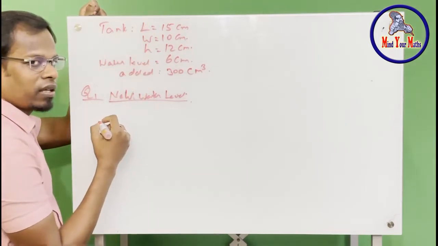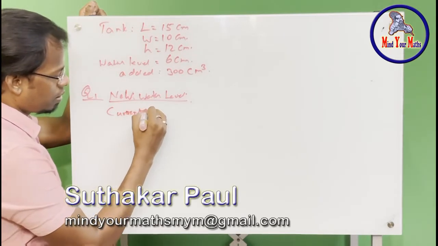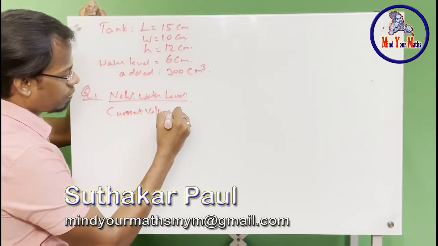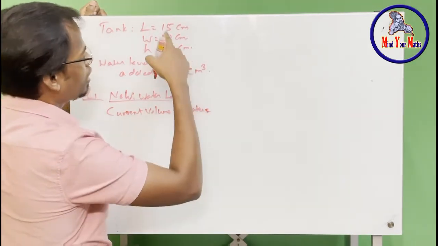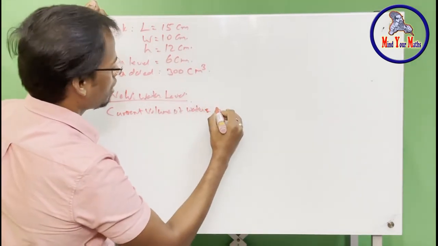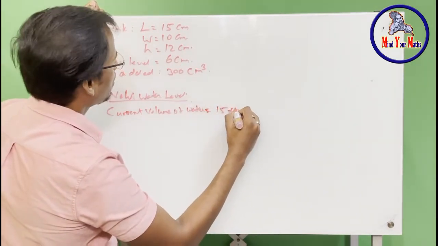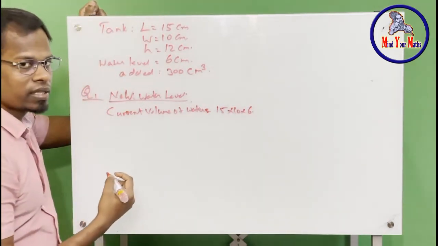So the current volume of water is equal to how much? Length times width times height. So which is 15 times 10 times 6, right? That's the current volume.